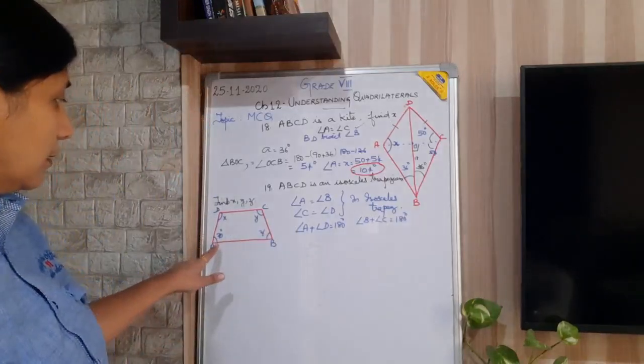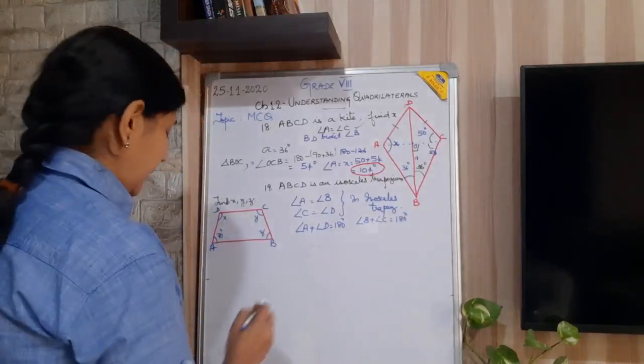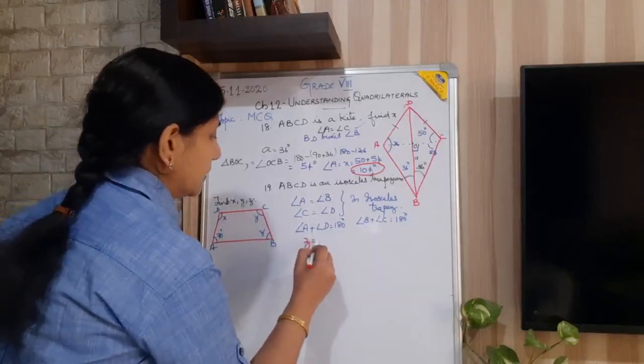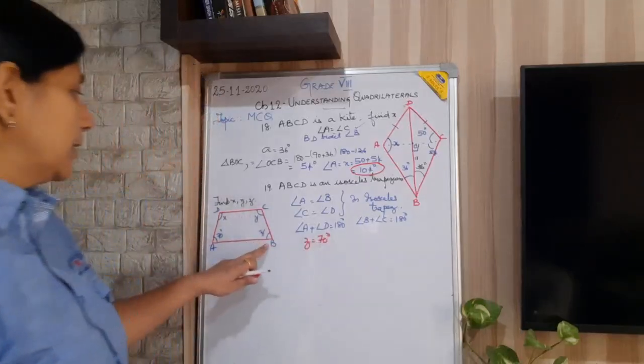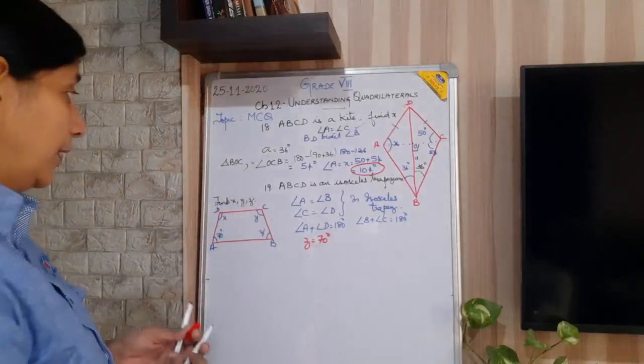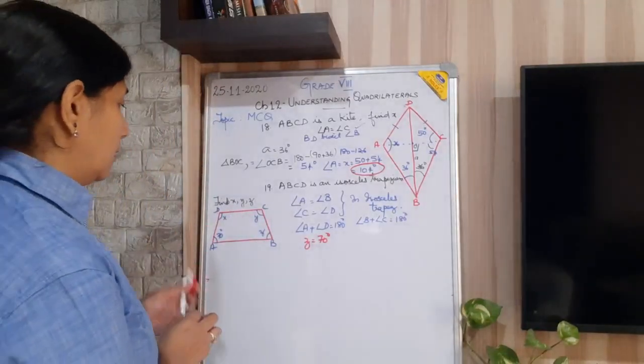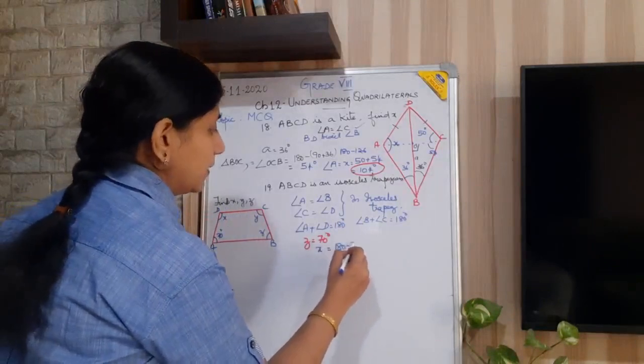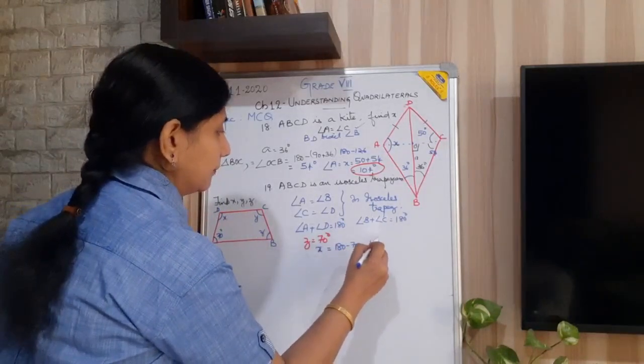Now as these two are equal, what is Z? Z equals 70 degrees, because this is 70. Now how will you find x? X is equal to 180 minus 70, that is 110.